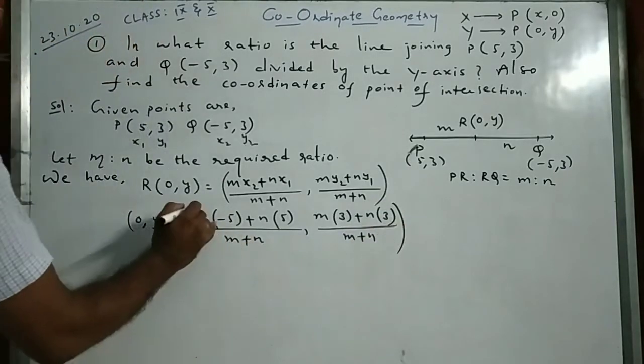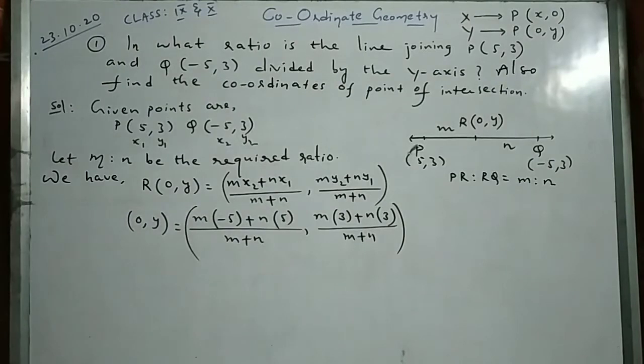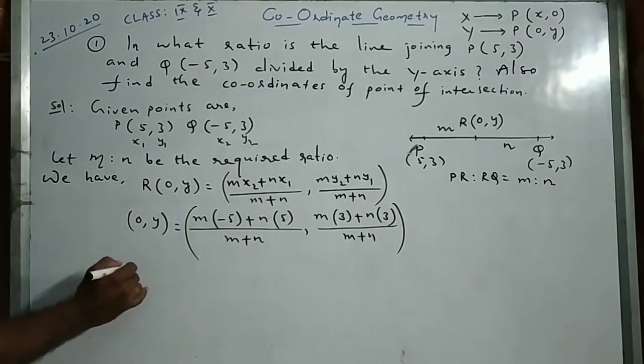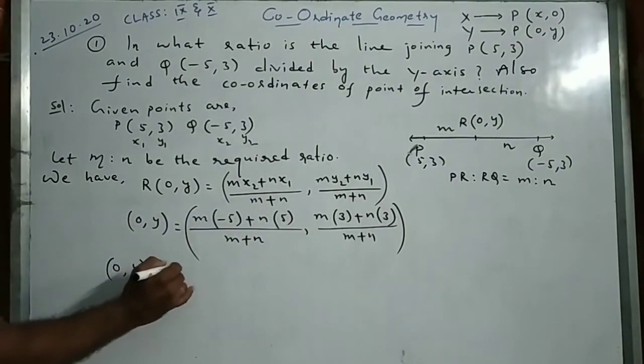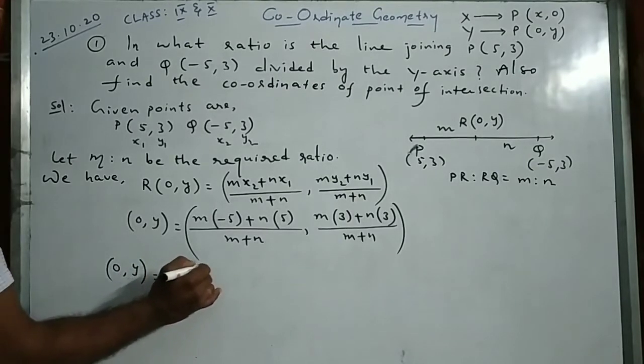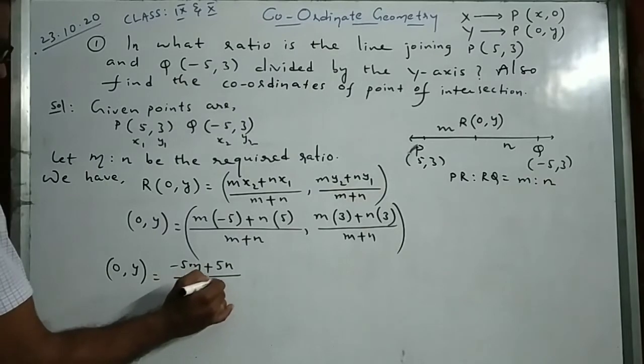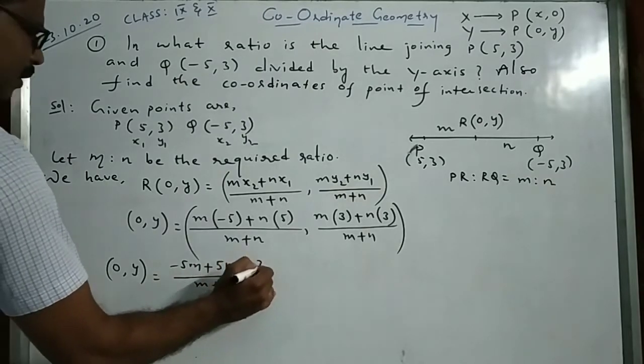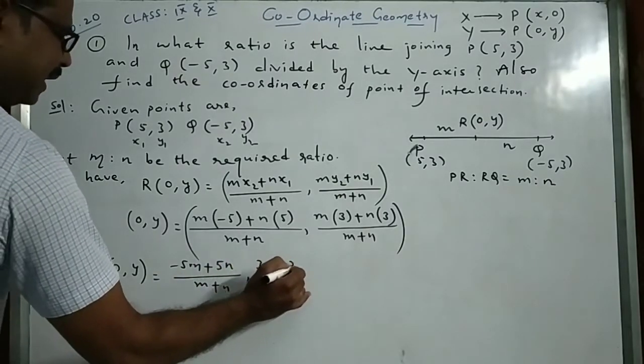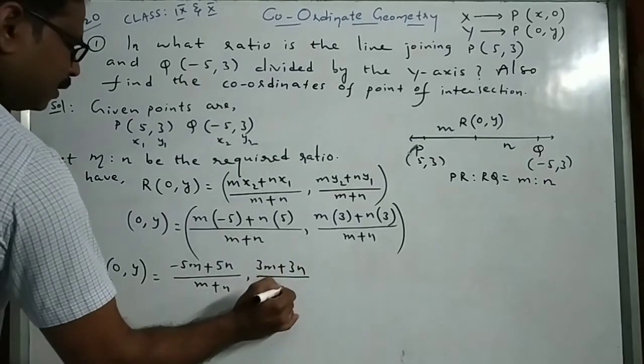Ordered pairs, you must use open brackets only, no closed brackets are allowed. 0 comma y is equal to minus 5m plus 5n upon m plus n, comma 3m plus 3n upon m plus n.